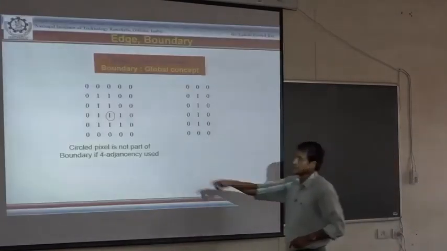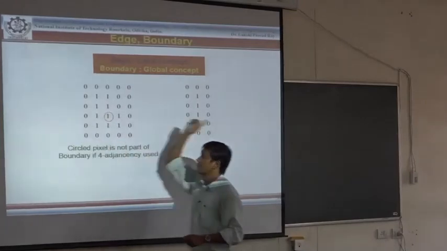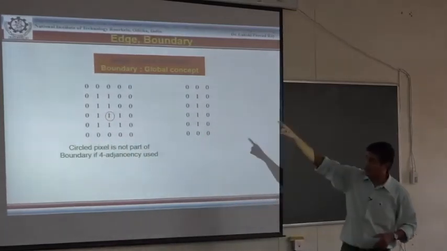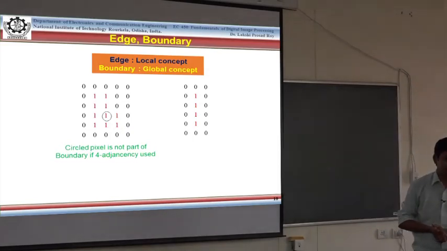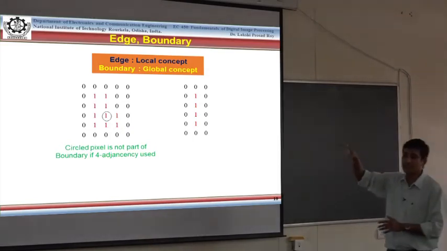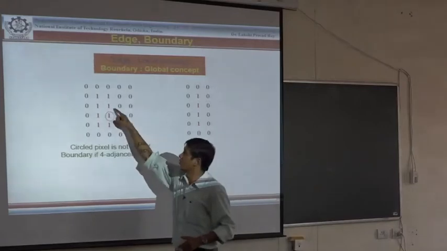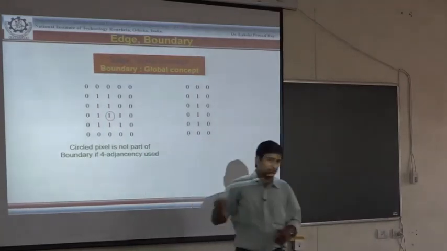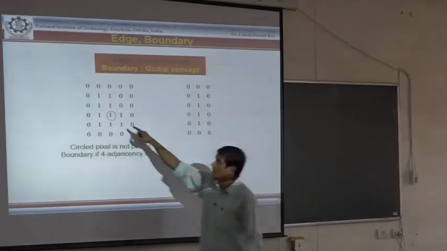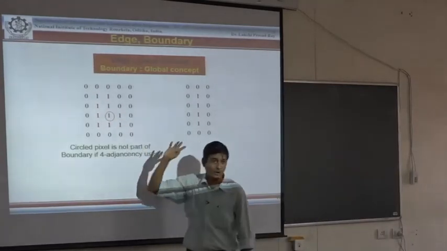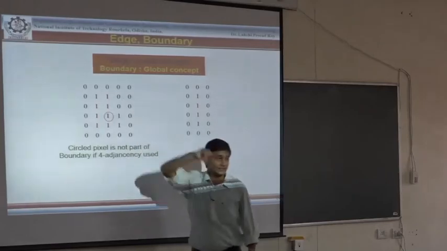Just like see, this is an image given to you where ones are there, they might have considered one region in it. They have the connected components there where I am finding 1, 1, 1 like this. But in the circled one, all are having 1, 1, 1, but only this is 0.